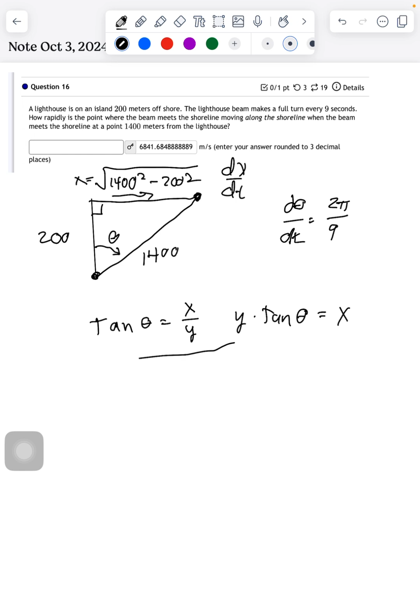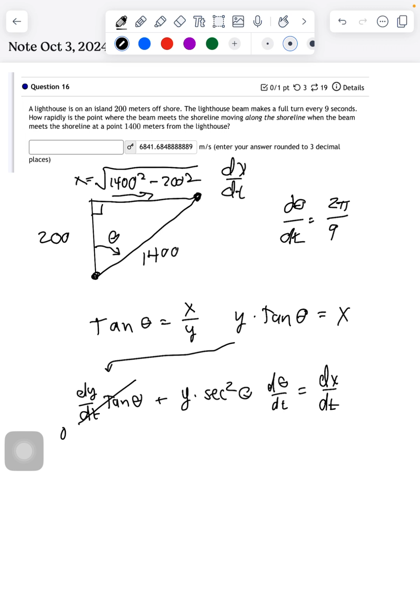I'm going to implicitly differentiate this, and so that is dy dt tangent of theta plus y times secant squared of theta, and d theta dt, and that equals dx dt.